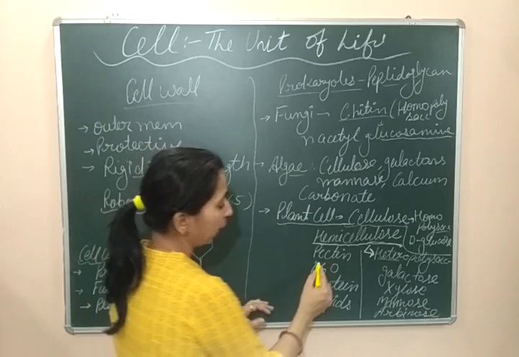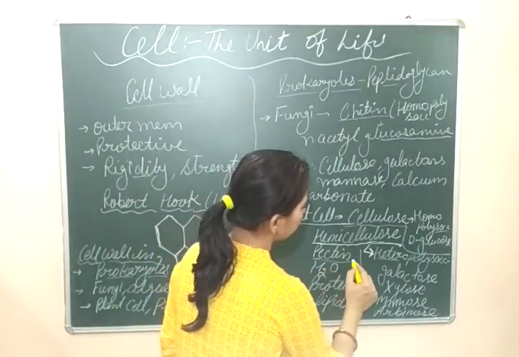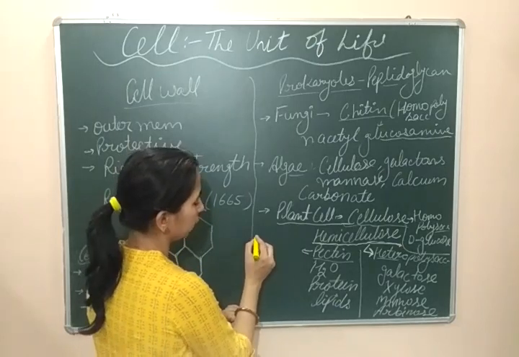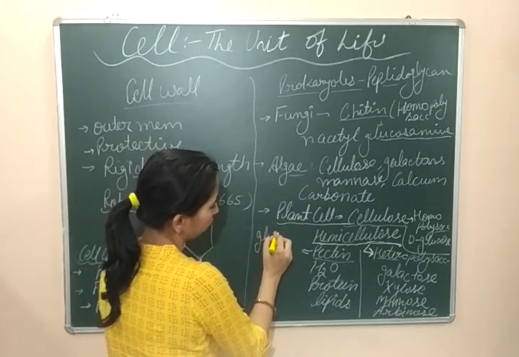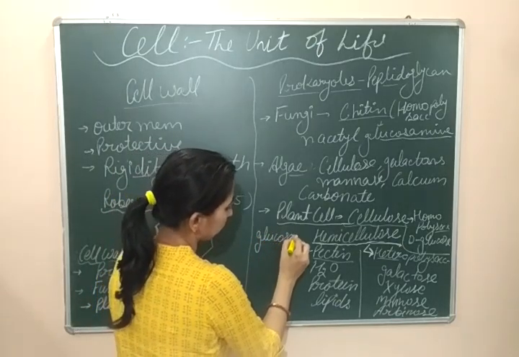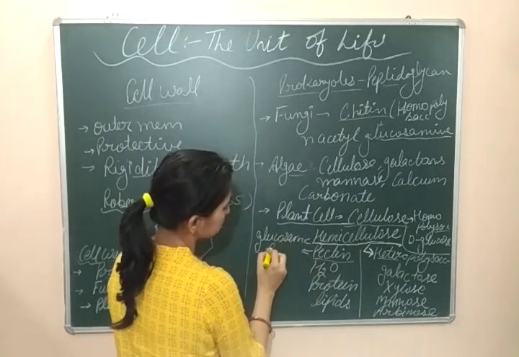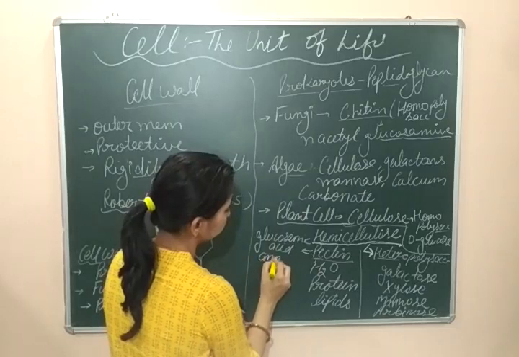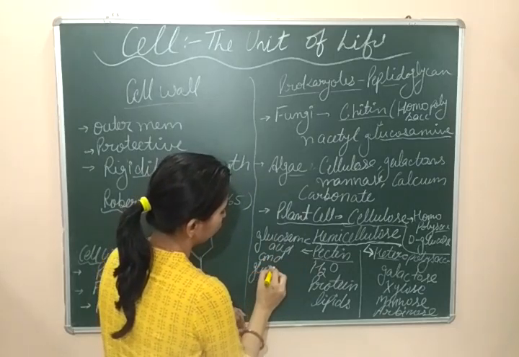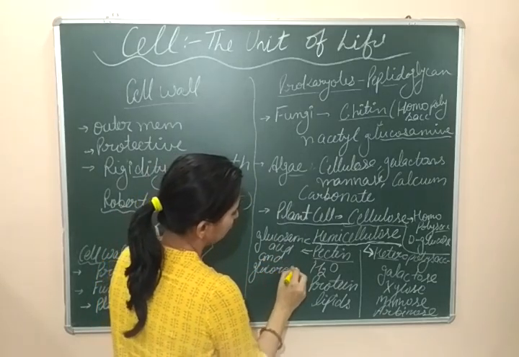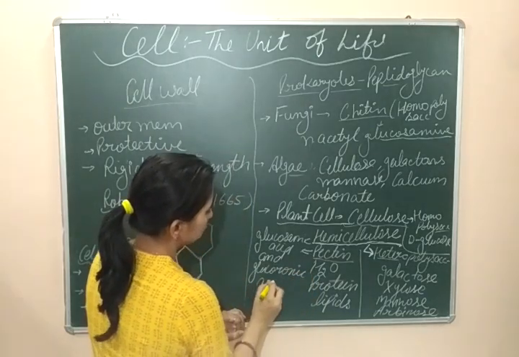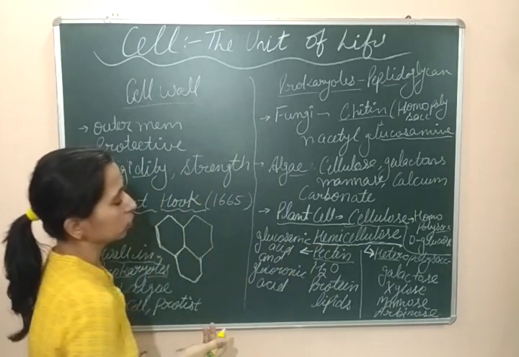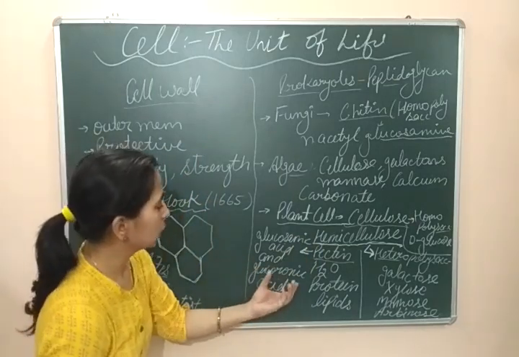Here the pectin. This pectin is also a heteropolysaccharide of glucosamine, glucosamic acid and glucuronic acid. Glucuronic acid. This is about the pectin.